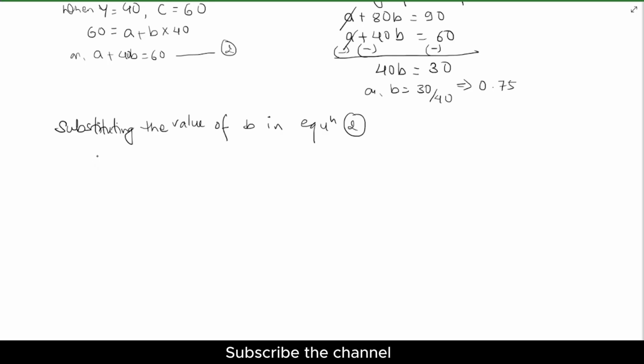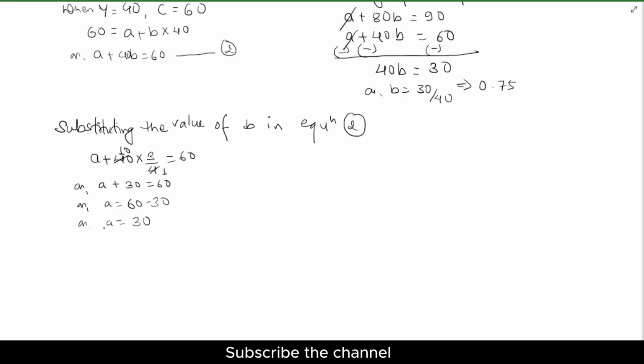We'll get A plus 40B, B is 3 by 4, or 0.75, equals 60, or A plus 10 into 3, 30, equals 60, or A will be 60 minus 30, or A equals 30. The value of A is obtained.